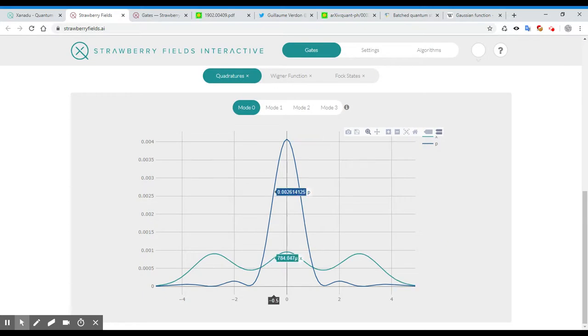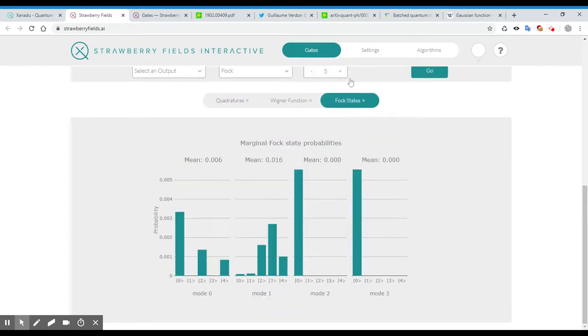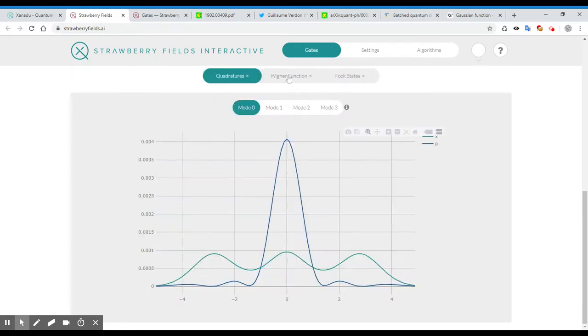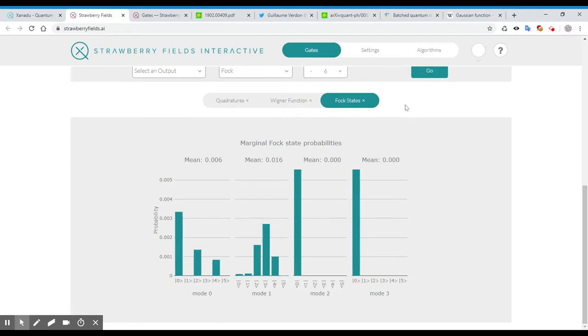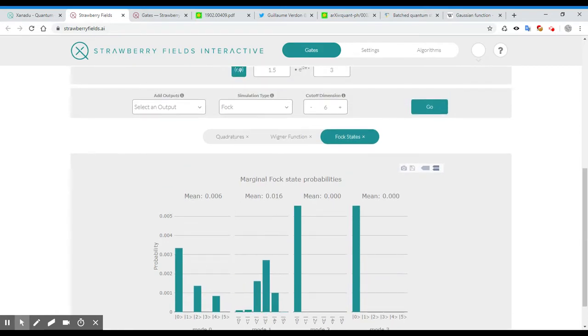I mean, if I look at Fock states, quadratures for mode 0, I don't like that, because ideally you want a superposition, right? What is the cutoff dimension? I guess it's adding. Interesting.